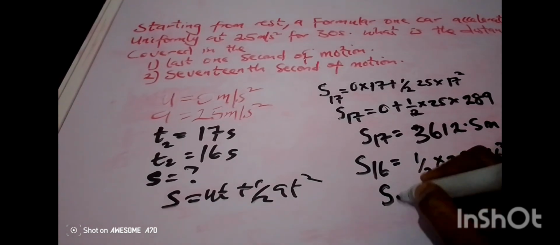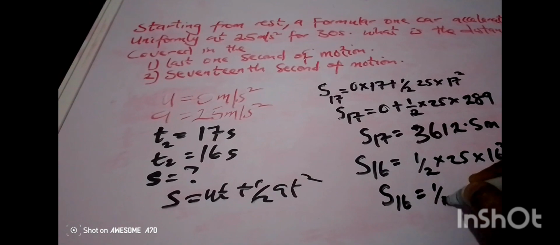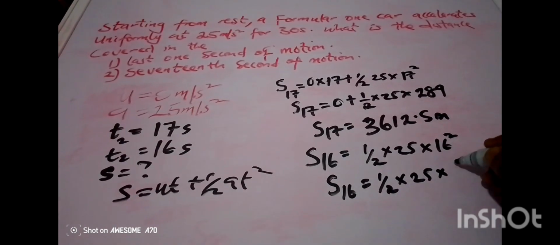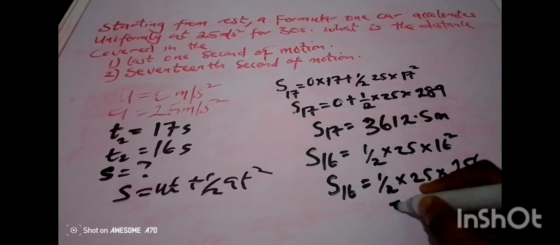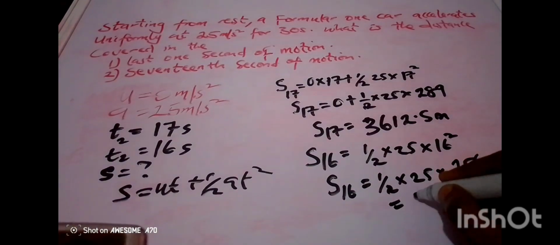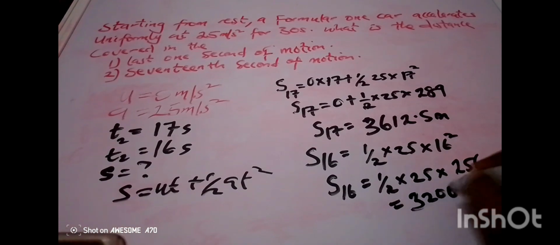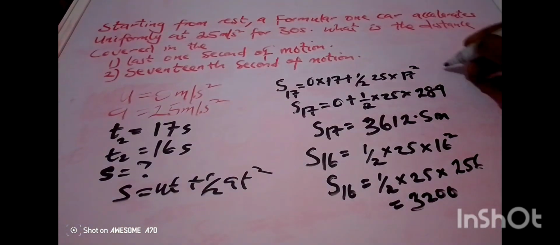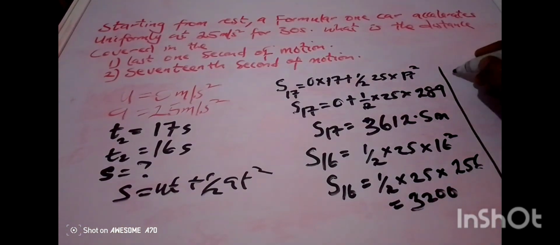So s for 16 seconds is going to be 1 over 2 multiplied by 25 multiplied by 256. Multiplying by 25, then dividing by 2, we are going to have 3200.